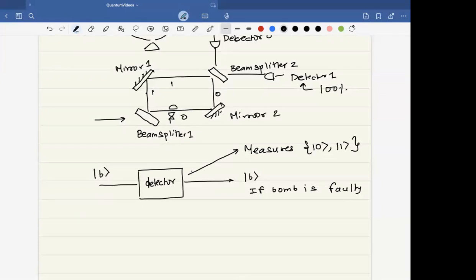And if a 0 outcome occurs, then the 0 is returned. If a 1 outcome obtains, then the bomb explodes.